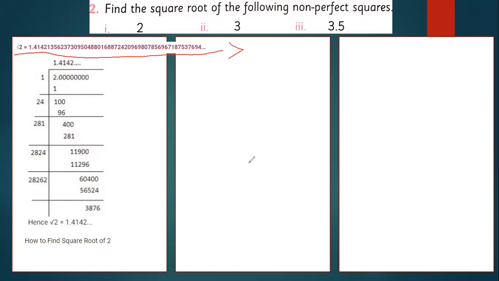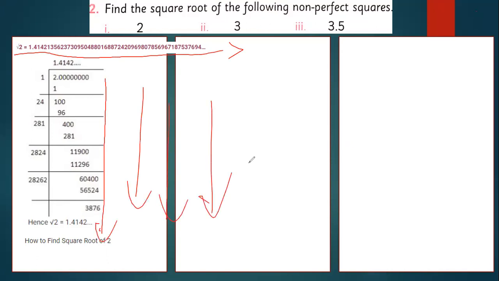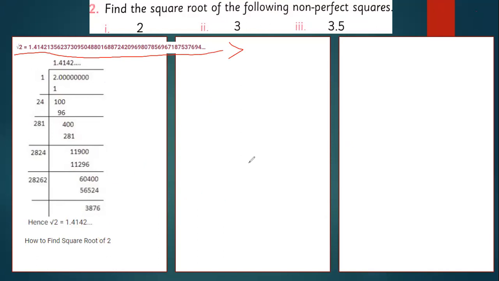For division, this never ends, down, down, down, and this will never end. So for that, just do it up to 2 or 3 decimal places. I have done up to 2 decimal places, so it's enough.